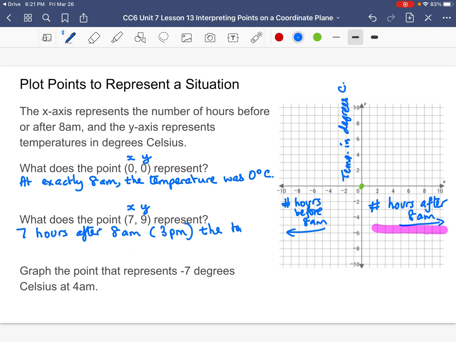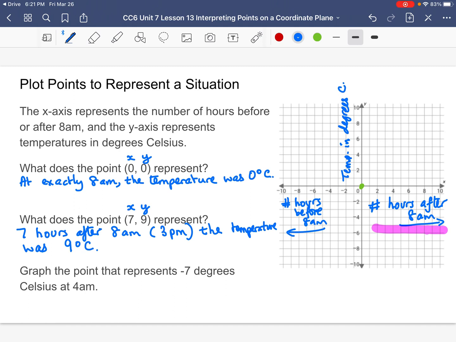So the temperature was 9 degrees Celsius because the y-axis represents temperature in degrees Celsius.